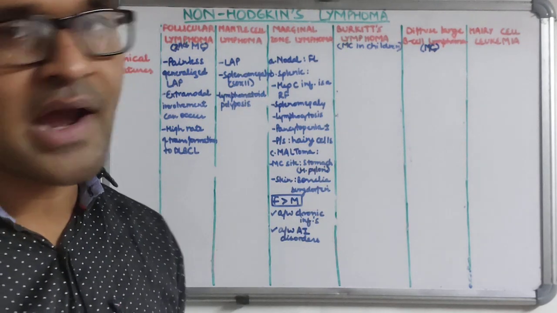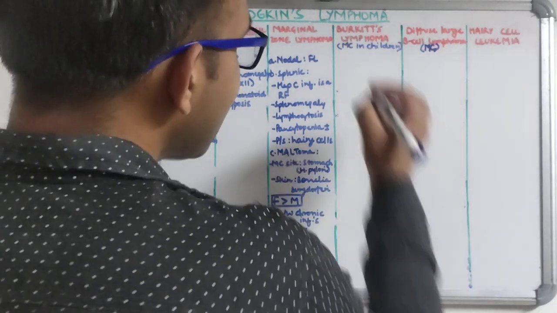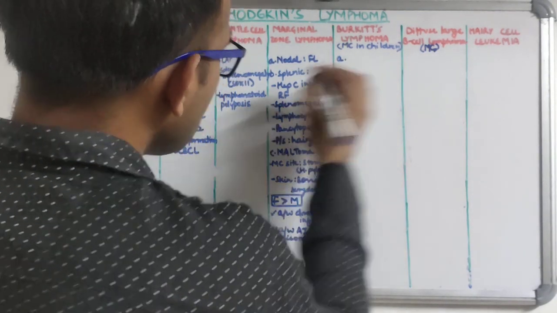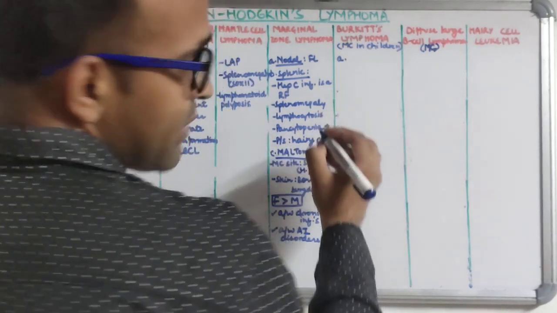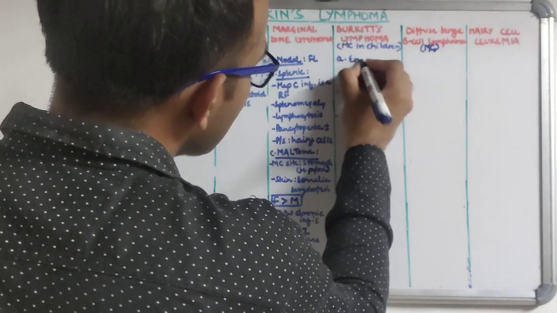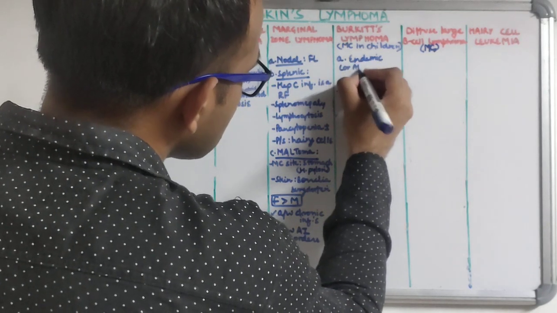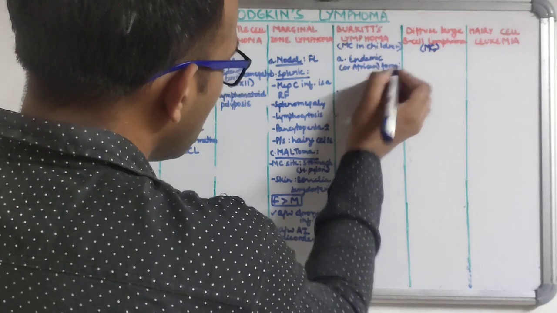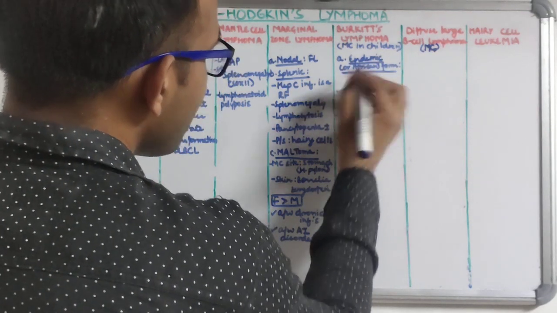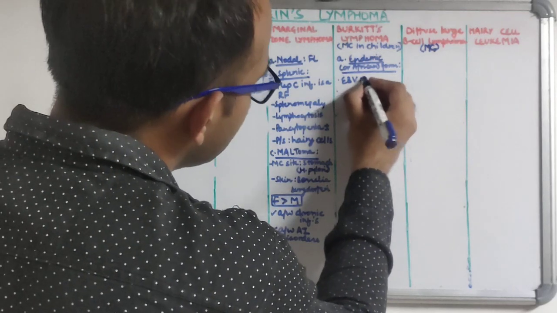Now if I talk about the Burkitt's lymphoma, so again it has 3 varieties. First one is endemic or African variety. So endemic or African form, there is 100% EBV positivity usually.